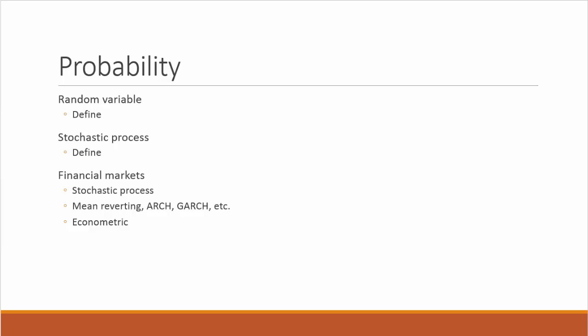Financial markets are stochastic processes, mean reverting, ARCH, GARCH, and other techniques are used for these, as well as econometric, of course. All financial markets are based upon the economics of the industry that's being studied, of the society we are looking at, how they use energy, and therefore can be more of a grassroots building than the time series allow.